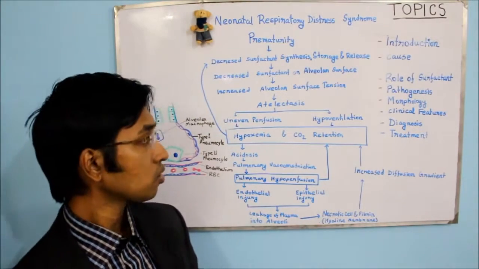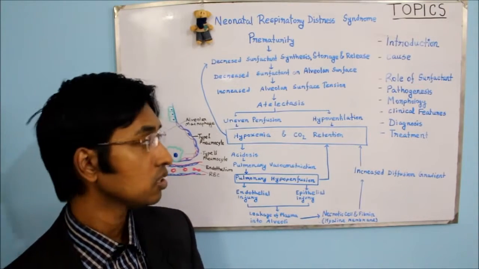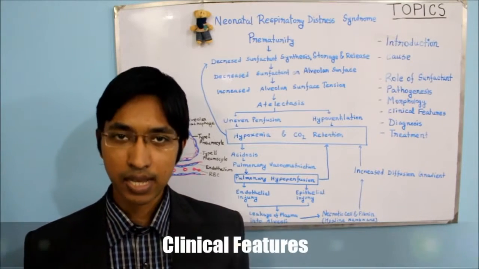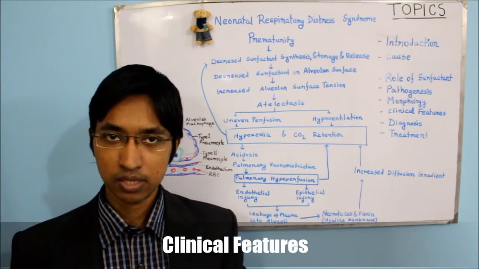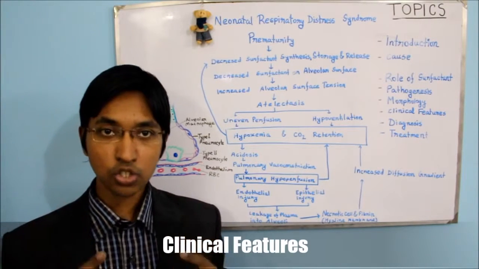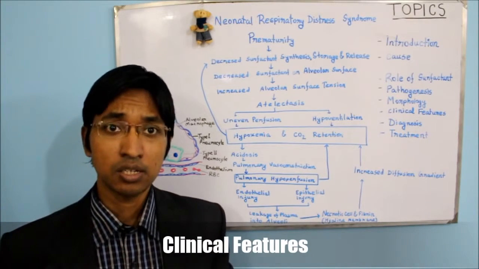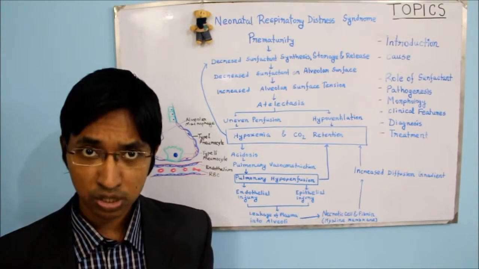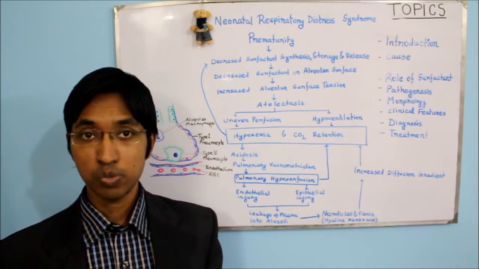So now that we have talked about the morphology of this disease, now we will move on and talk about the clinical features. Clinical features will include tachypnea, that is increase in the respiratory rate of the affected baby. There will also be nasal flaring, that is the nostrils will widen during the respiratory process, and this will indicate that the baby is having difficulty with respiration and is requiring more effort during respiration.